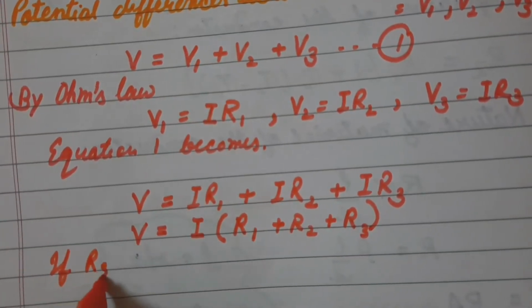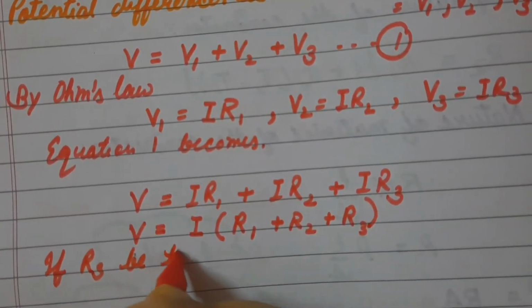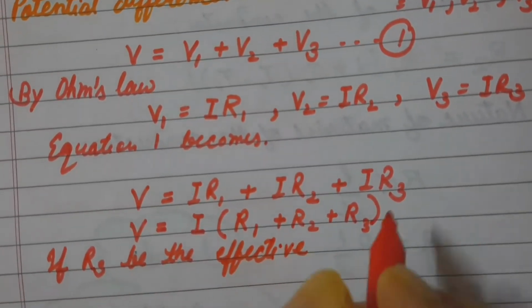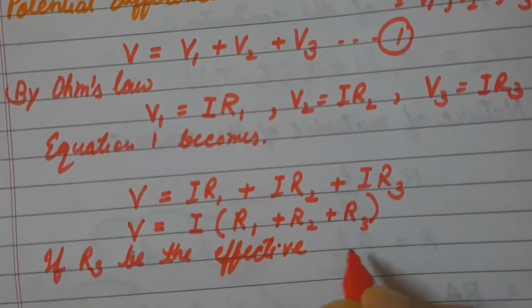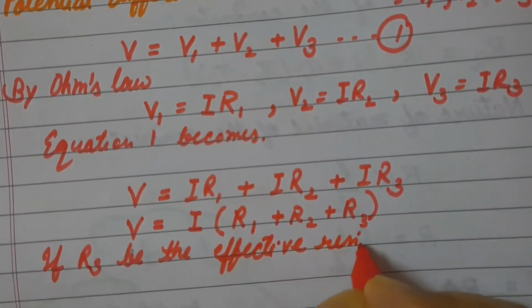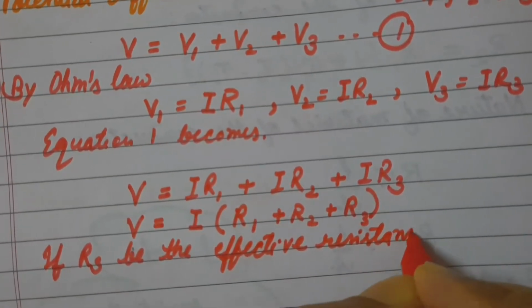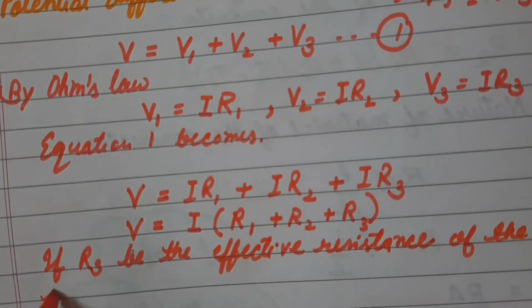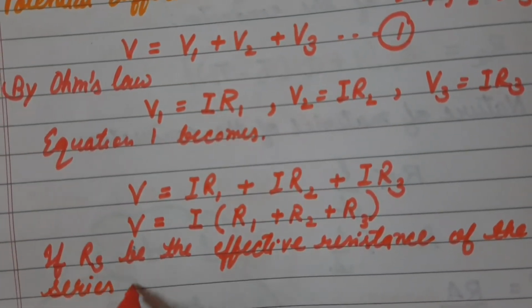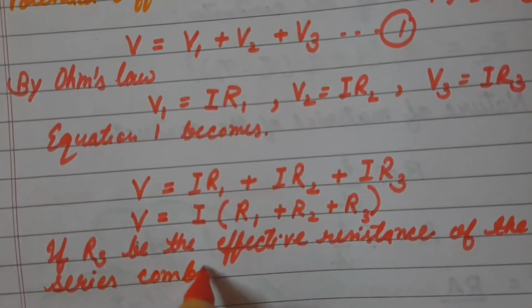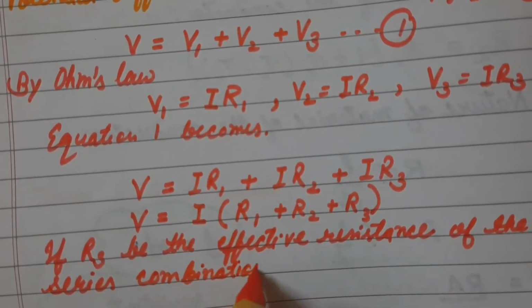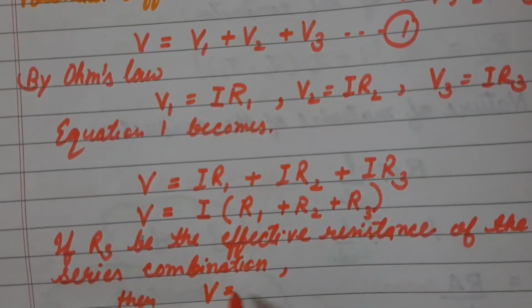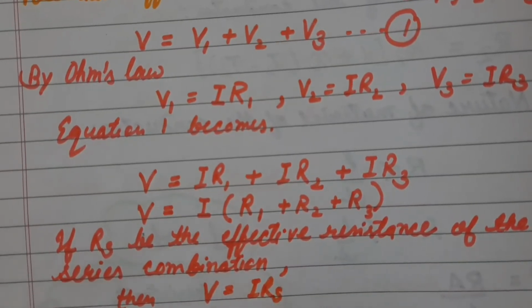If Rs be the effective or equivalent resistance of the series combination, then V is equal to IRs.